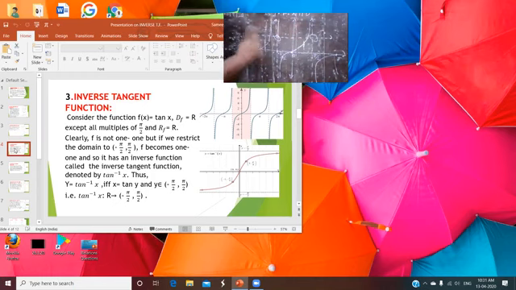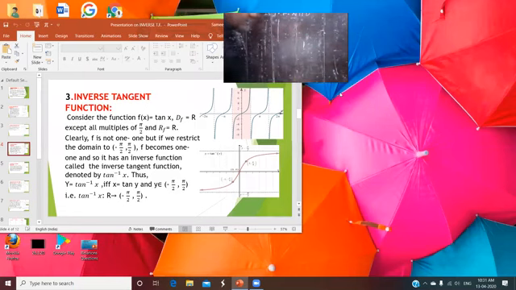For building the concept, tangent is said to be defined on the interval where it is one-one.